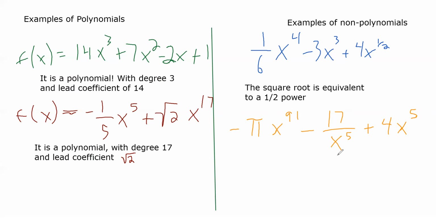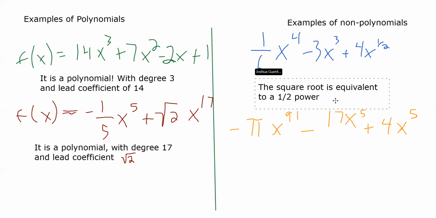But here, by dividing by x to the fifth, you've entered into the twilight zone. You've created some problems here. Because when your variable's on the bottom like this, or anytime you're dividing by something, you can bring it to the top. You can rewrite this with x to the fifth on the top, but it's going to cause it to now have a negative power.